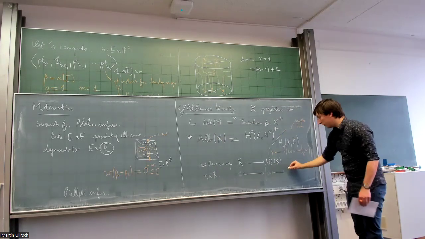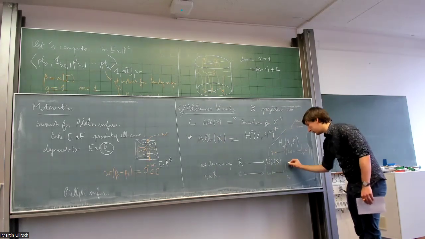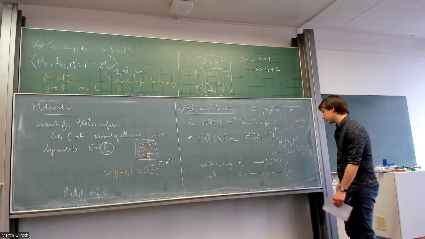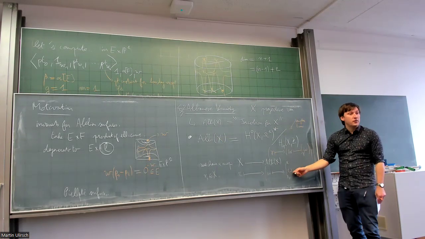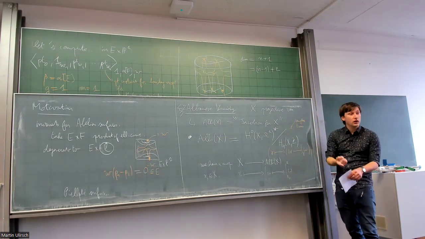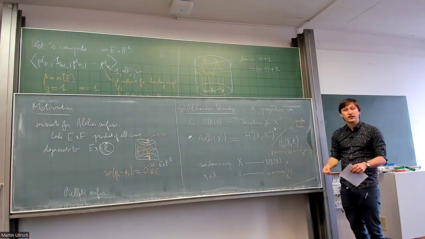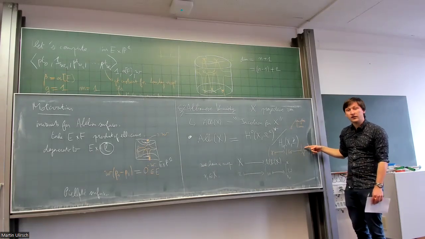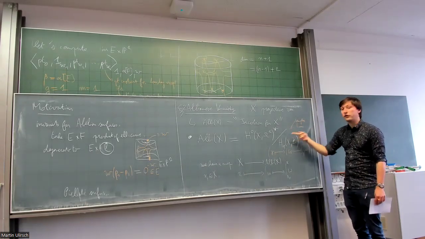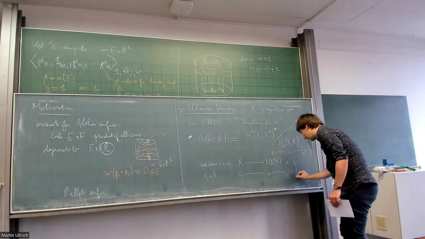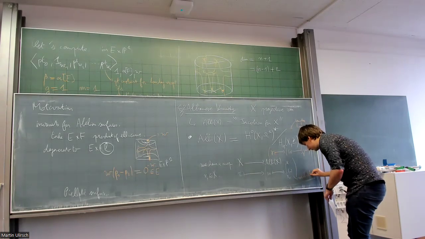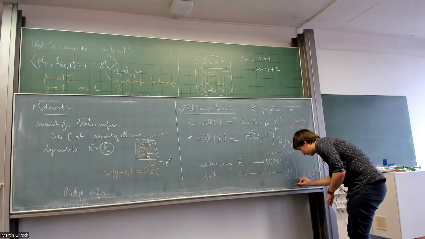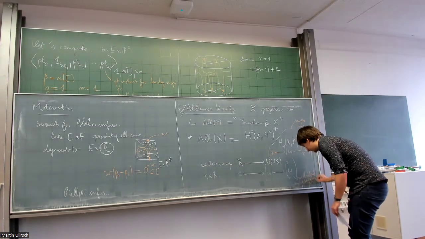Then you map a holomorphic one-form to its integral over a path from x0 to x. This a priori is not well defined because it may depend on the path you chose between the two points. But if you pick two different paths, they will differ by a one-cycle. So it's well defined once you quotient by the integrals over one-cycles. So this is well defined modulo H1(X, Z).